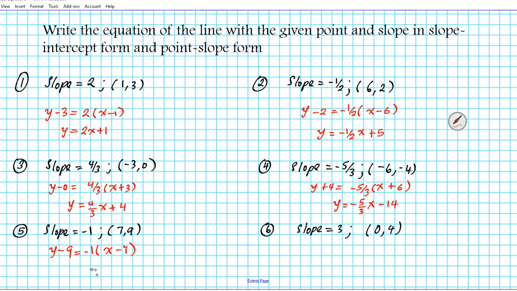And then the slope-intercept form is given by y equals negative x plus 16. And then number 6, the point-slope form is given by y minus 4 equals 3 times the quantity x minus 0. That's the point-slope form. And the slope-intercept form is given by y equals 3x plus 4.